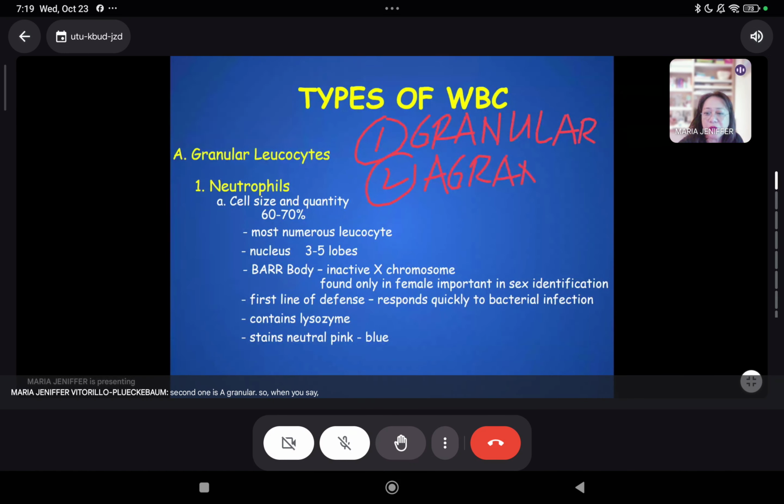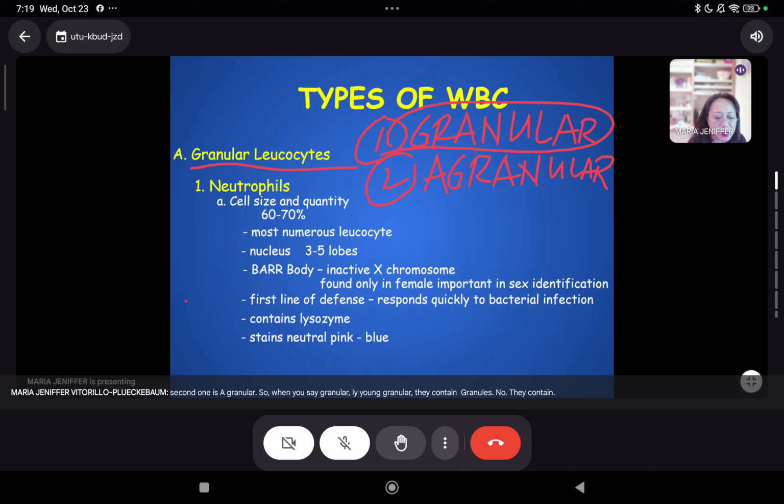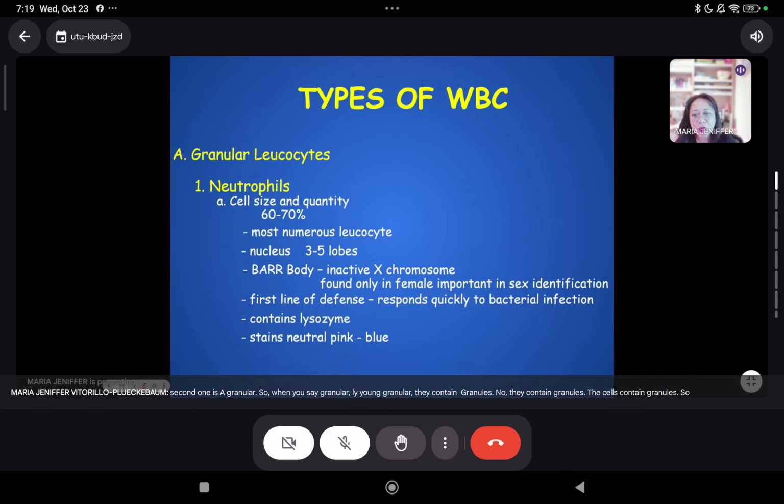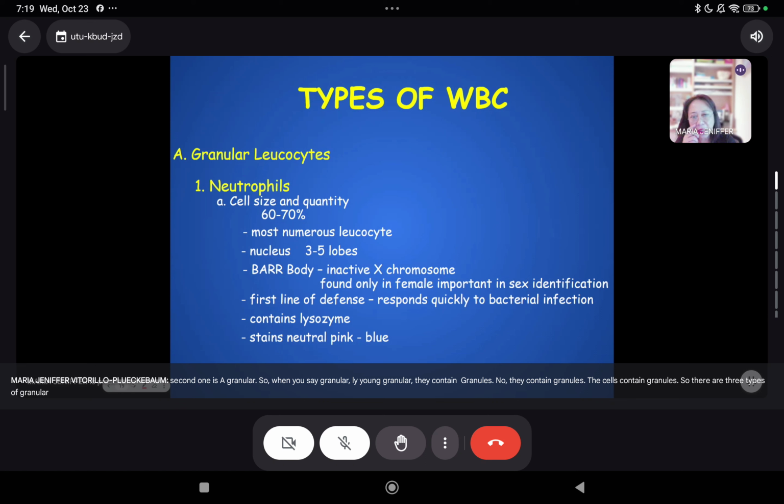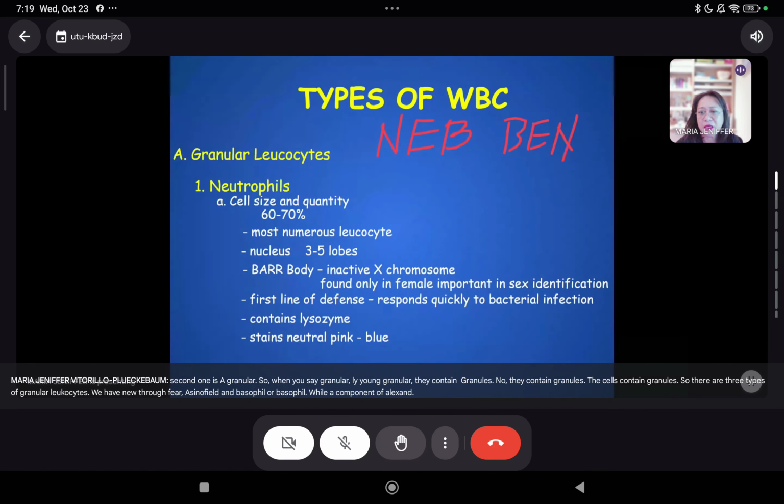When you say granular, they contain granules. The cells contain granules. There are three types of granular leukocytes: neutrophil, eosinophil, and basophil. It doesn't matter how you arrange the acronym, as long as the three components are there.